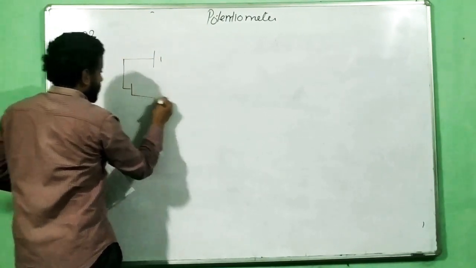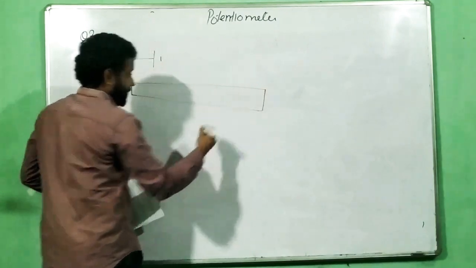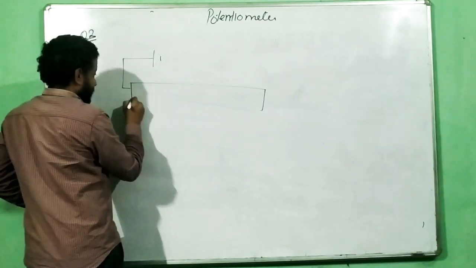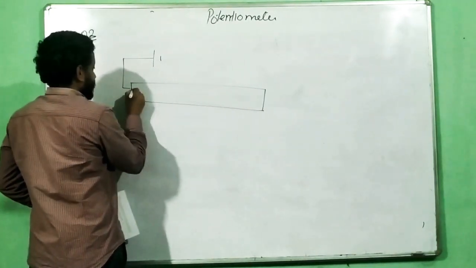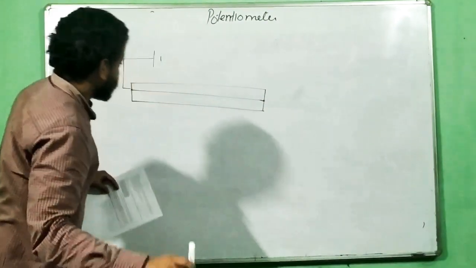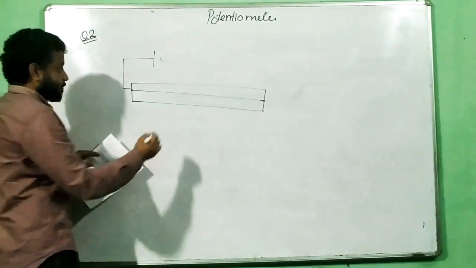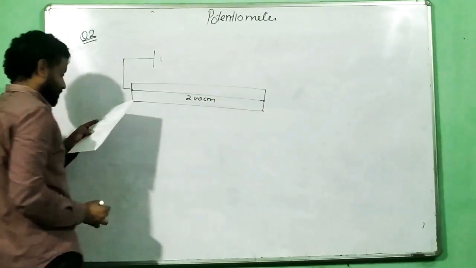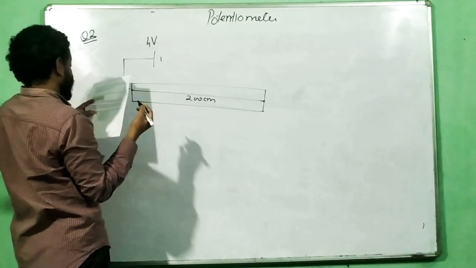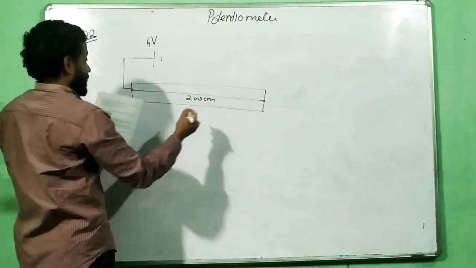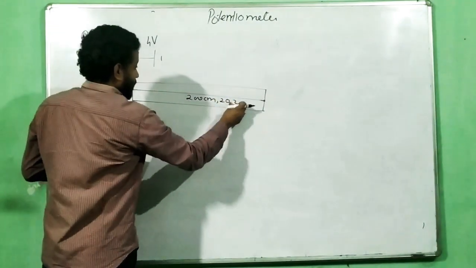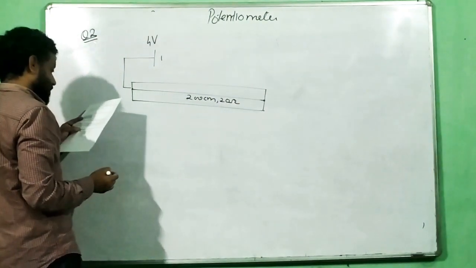So this is a potentiometer wire of 200 centimeter, with a resistance and cell of EMF 4 volt, of negligible internal resistance, and this 200 centimeter has a resistance of 20 ohm, with the resistance.